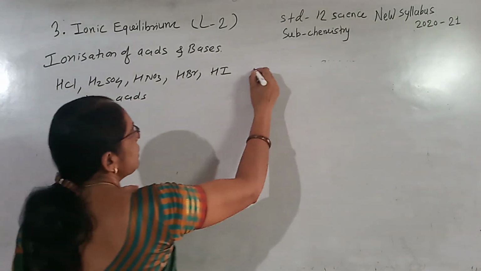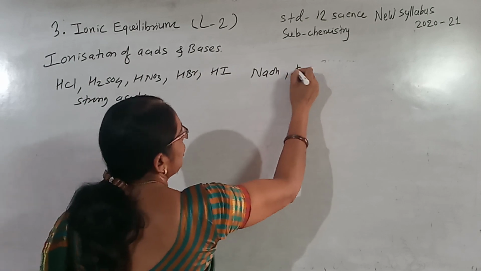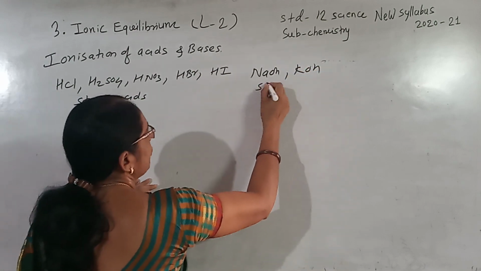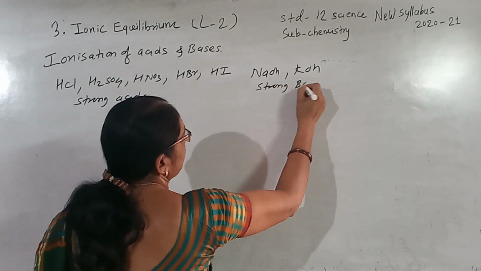When you consider examples such as NaOH and KOH, when they dissolve in water, they completely dissociate. Hence, they are examples of strong bases.